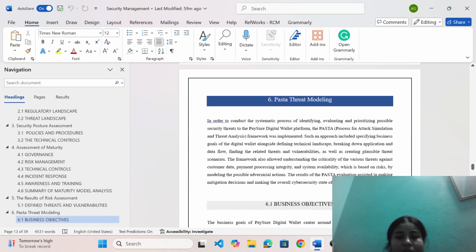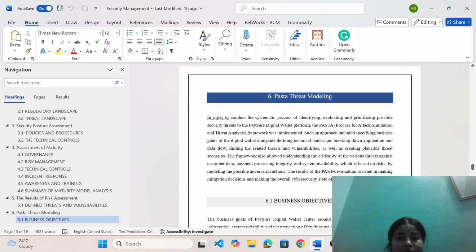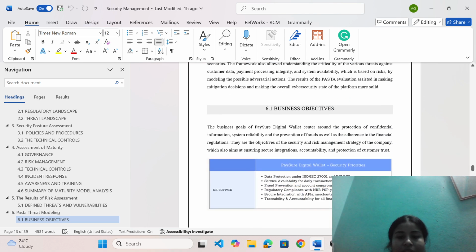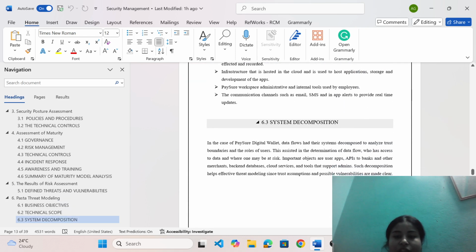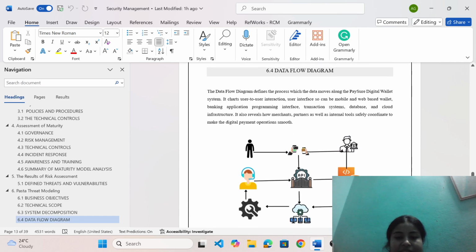Then, PASTA threat modeling, which includes the process of attack simulation and a threat analysis framework. In order to conduct a systematic process of identifying, evaluating, and prioritizing possible security threats to the PAYSURE digital wallet platform, the PASTA framework was implemented. I mentioned here the business objective, technical scope, system decomposition, and this is the data flow diagram.